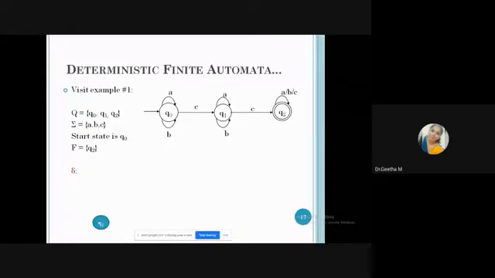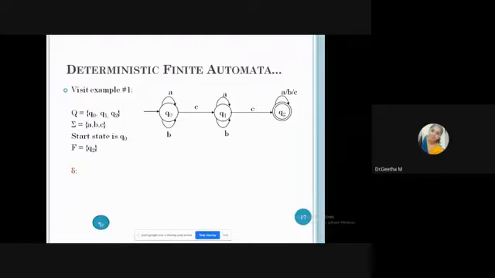Three states are available here: Q0, Q1, Q2. From the diagram, we can say that Q0, Q1, Q2 are all the states. States are represented only by circles. The initial state is represented by an incoming empty arrow.